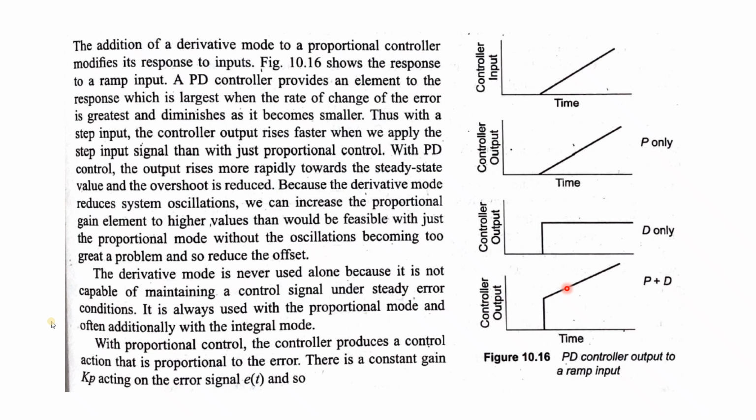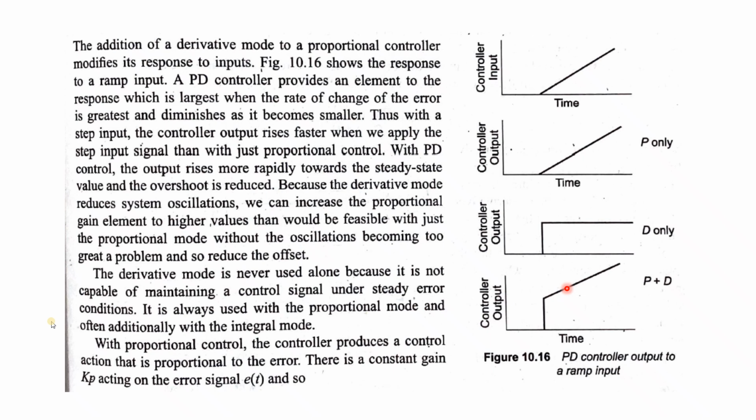So with PD controller, the output rises more rapidly towards the steady state value and overshoot is reduced because the derivative mode reduces system oscillations. We can increase the proportional gain element to higher values than would be feasible with just the proportional mode without the oscillations becoming too great a problem, and so reduce the offset.